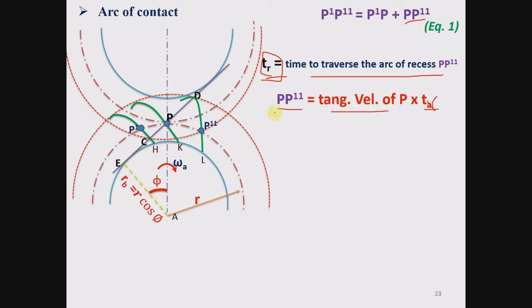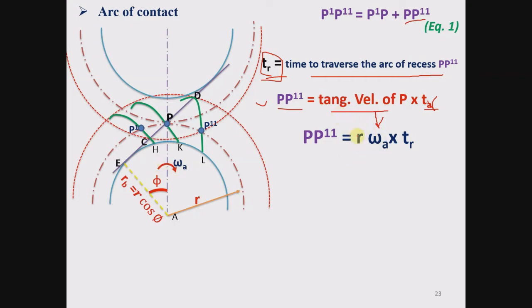Now what is the tangential velocity of point P? It should be equal to R into omega. The radius of rotation of point P is the radius of pitch circle 1, because point P is traveling on the circumference of the pitch circle of gear 1. So its radius of rotation is R, correct? And it will move with the angular velocity of gear 1, which is omega A.